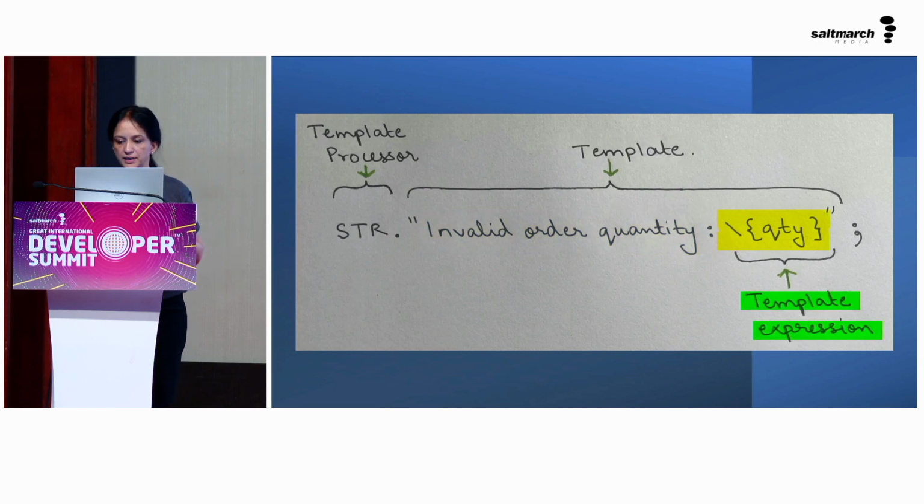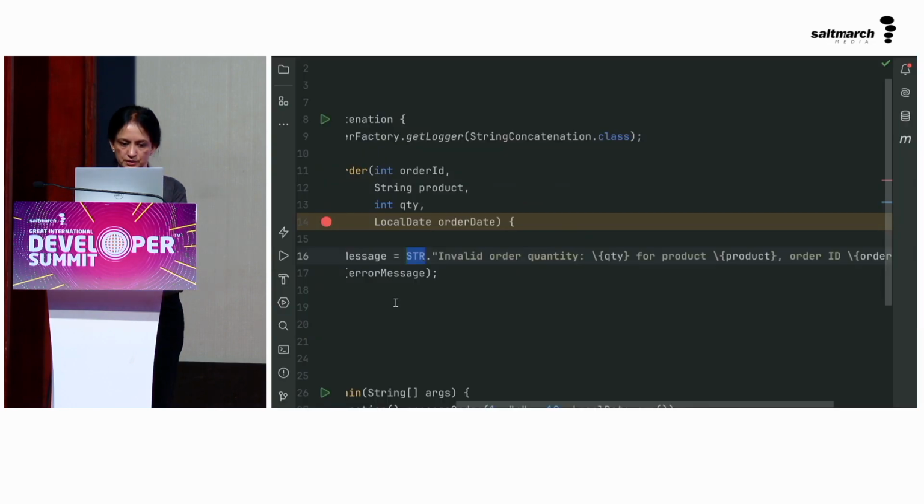And within the template, you have the template expression. The value could come from a variable, a method call, or an expression, a ternary expression. Anything that could return a value could be used as a template expression, even your switch expressions. Now let me go back to this code.